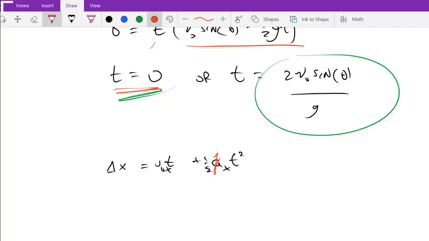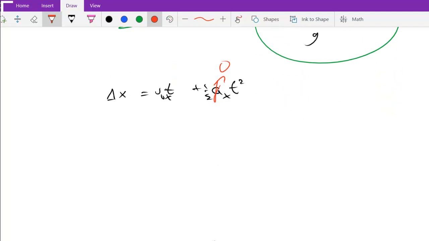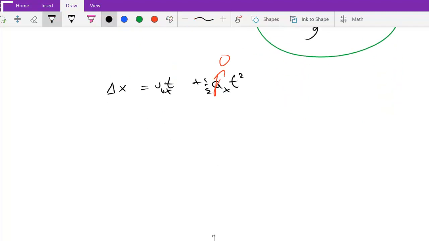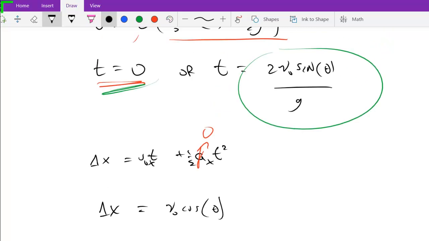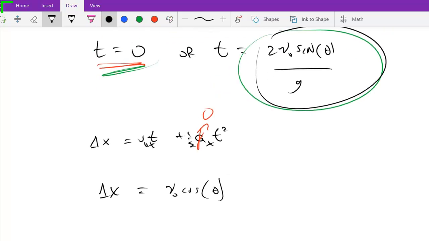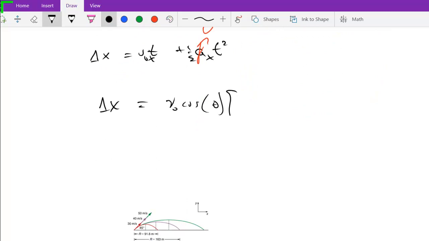Again, assuming projectile motion, this acceleration is 0. So then we have delta x equals v naught x, which would be v naught cosine theta, times the time we're interested in, which is 2 v naught sine theta over g. So times 2 v naught sine theta over g.